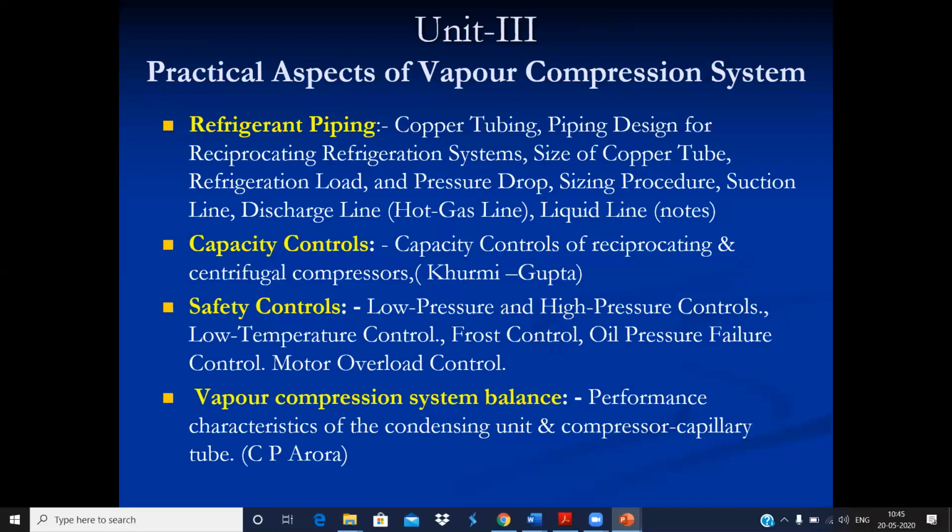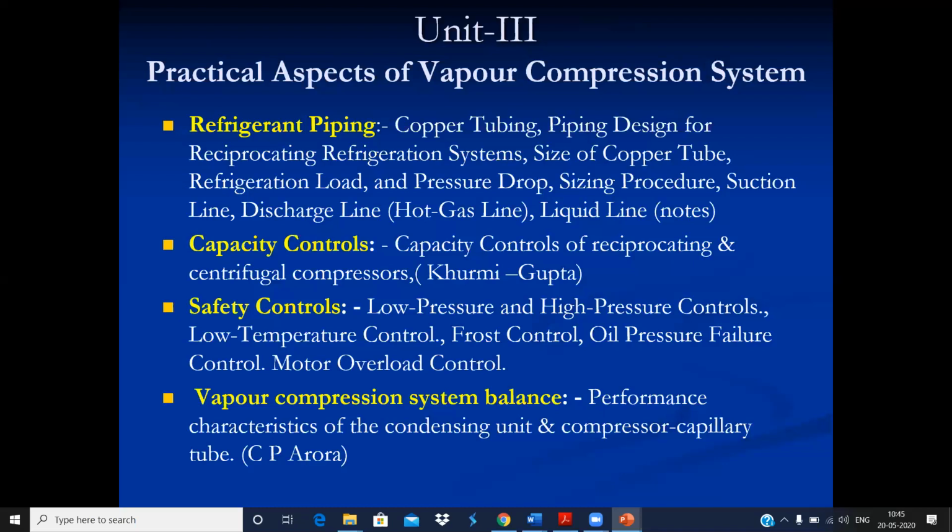Vapor compression system balancing. When two components are working together, they should work in harmony. So the question arises how these devices, especially compressor and condenser, compressor and capillary tube, work together and what the balance conditions are.